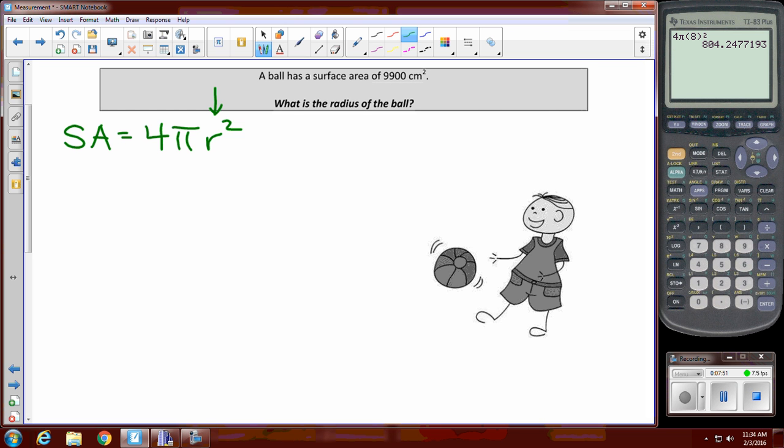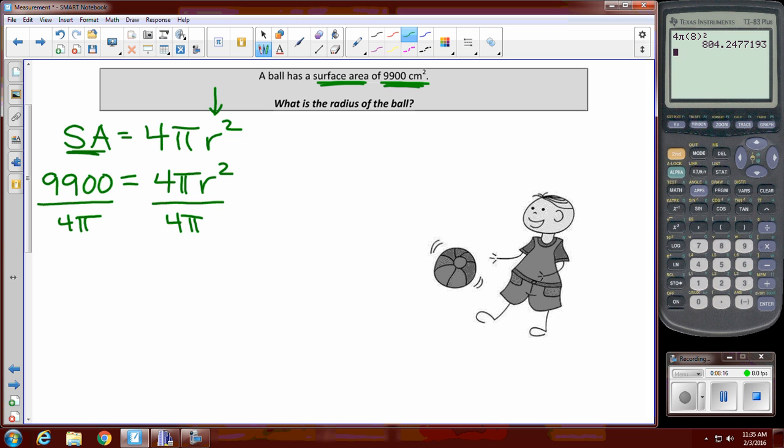Now, reading the question again, it says surface area, 9,900 square centimeters. So this equals 9,900 square centimeters, and I have 4 pi r squared. Now I'm trying to isolate the r. So first off, just like the circumference formula, let's divide out this 4 pi. I divide it out of both sides.